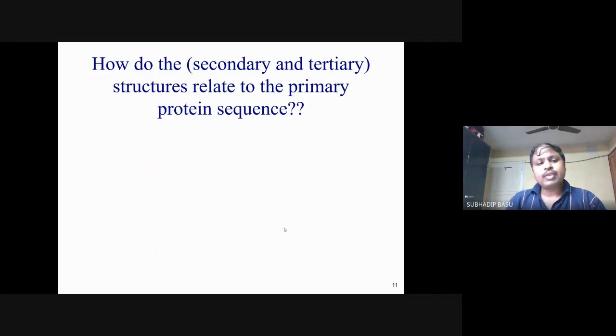So how do the secondary and tertiary structures relate to primary protein sequences? There is so much ambiguity involved here, and sometimes it keeps researchers engaged and baffled as to how they are actually related.